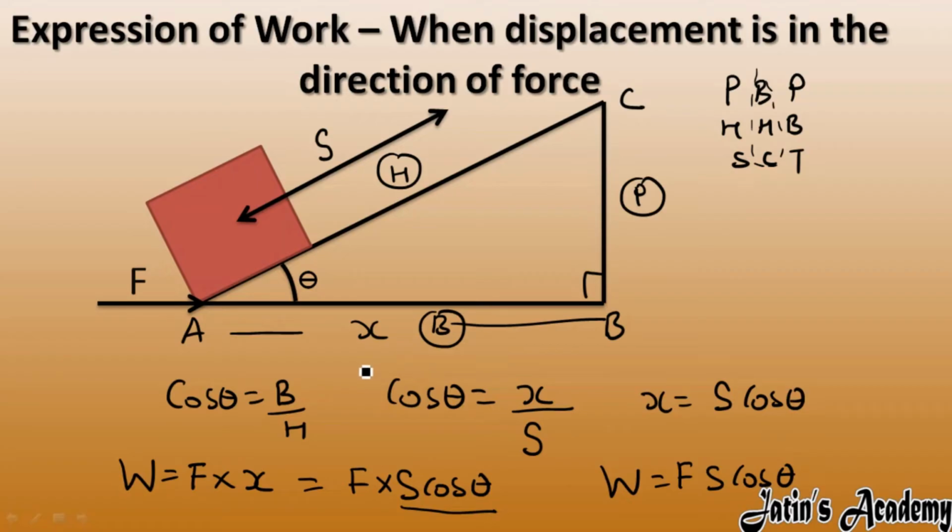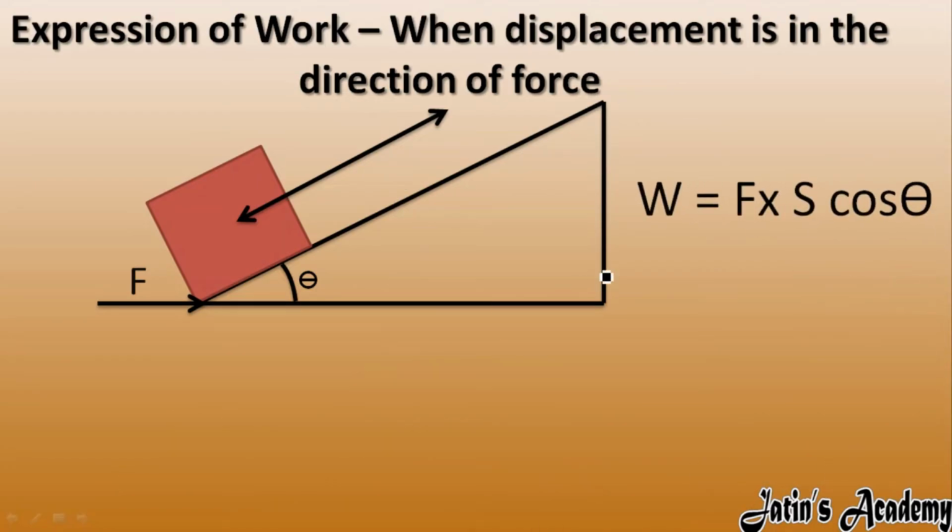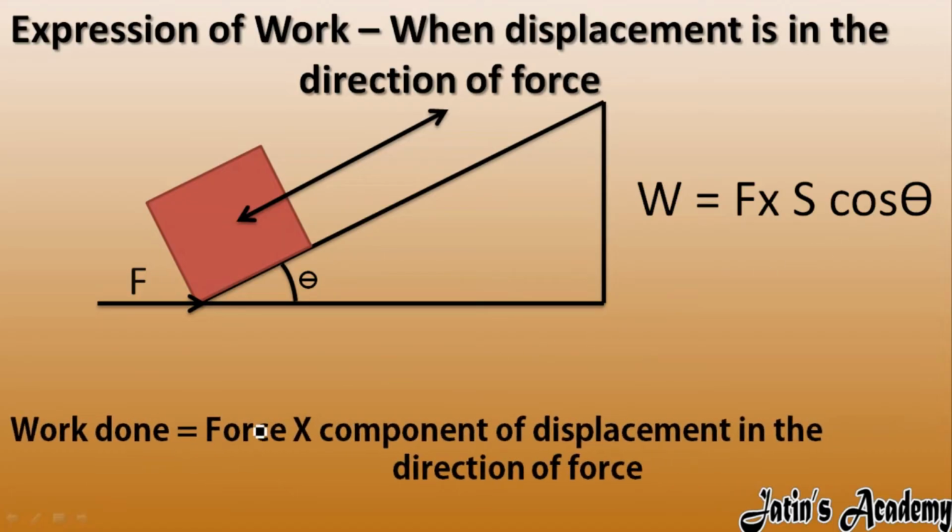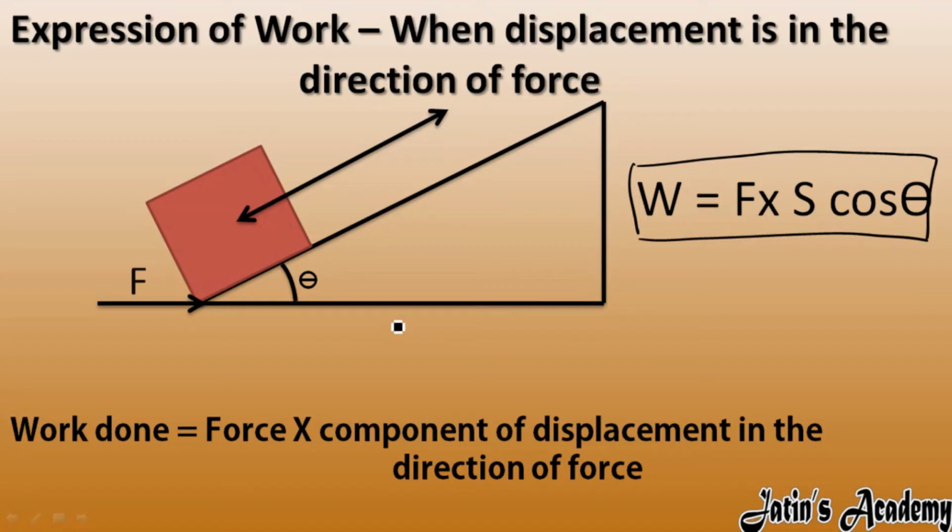Clear? So here W equals Fs cos theta, where work done is force times s cos theta, the component of displacement in the direction of force. So this is the first and important expression from the numerical point of view when force and displacement do not occur in the same direction.